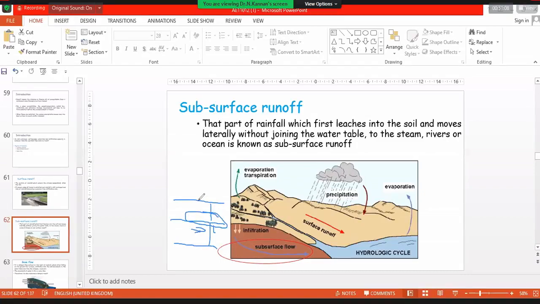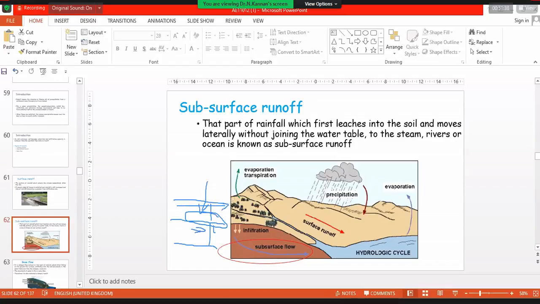What is water table? That is the upper boundary of the saturated zone, right? So here, what I want to say is that this subsurface flow is happening before the water is touching the water table. You got the point? Yes or no? Usually when you have infiltrated water into this, it moves in this direction.